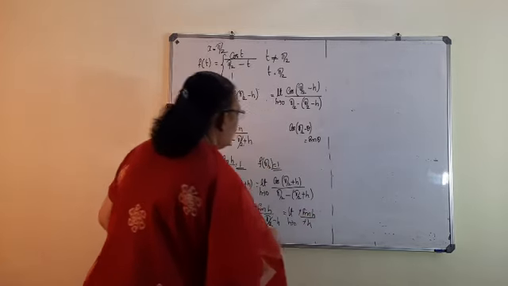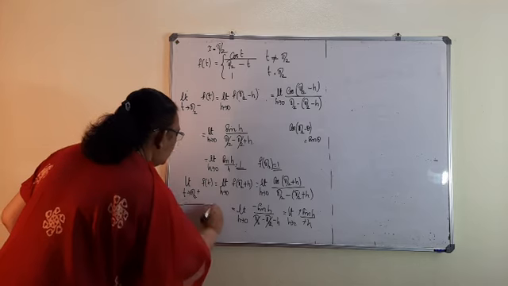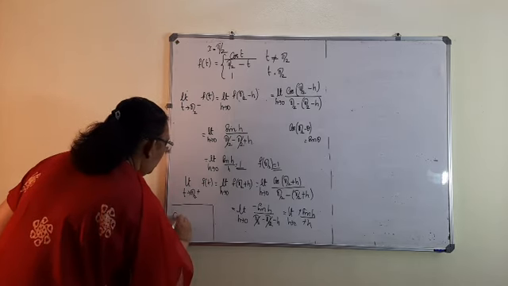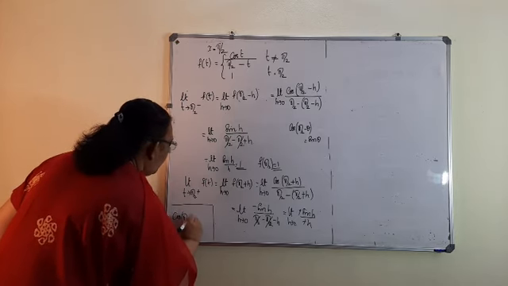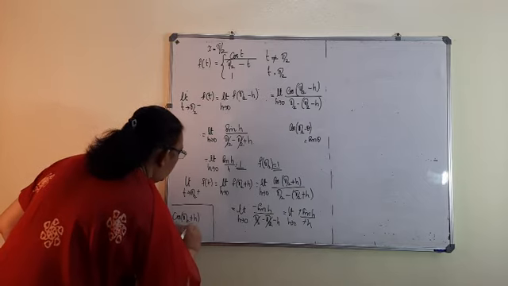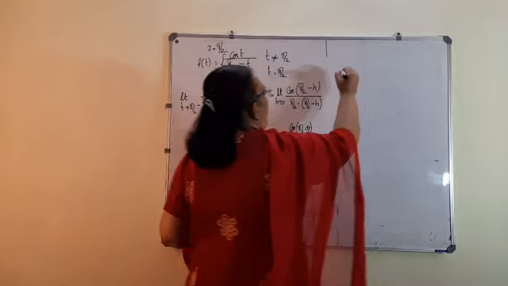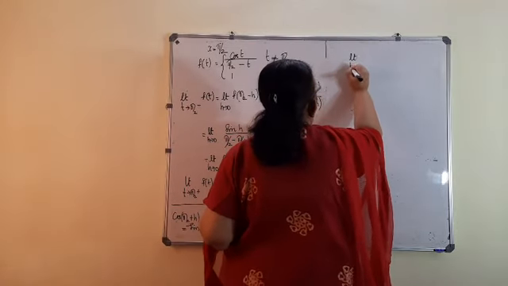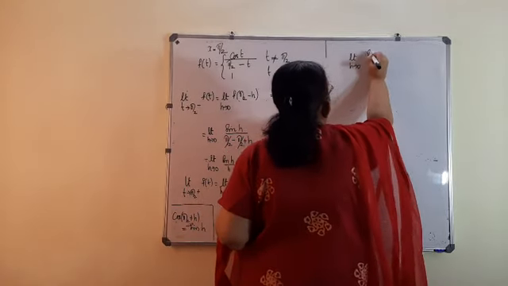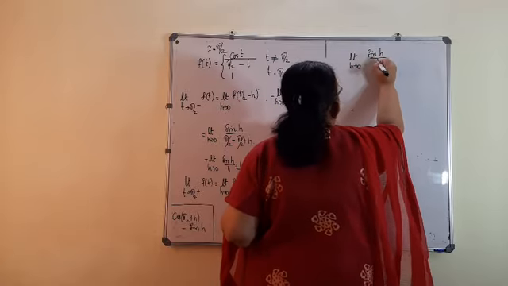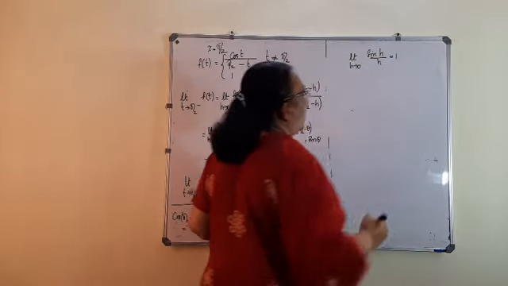Minus and minus cancel, because cos(pi/2 + h) is equal to minus sin h. So this is limit of h tending to 0 of sin h by h, which is equal to 1.